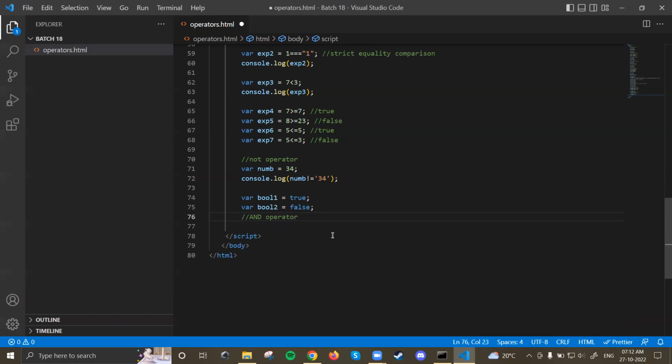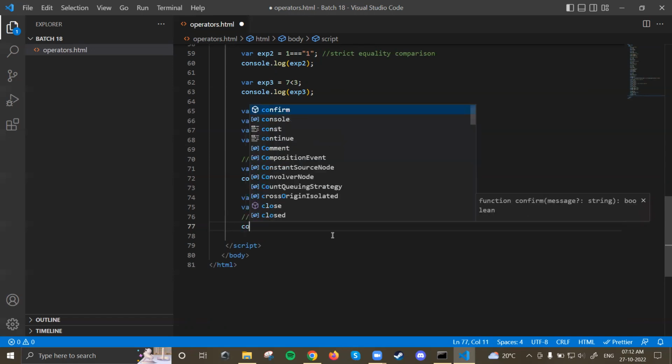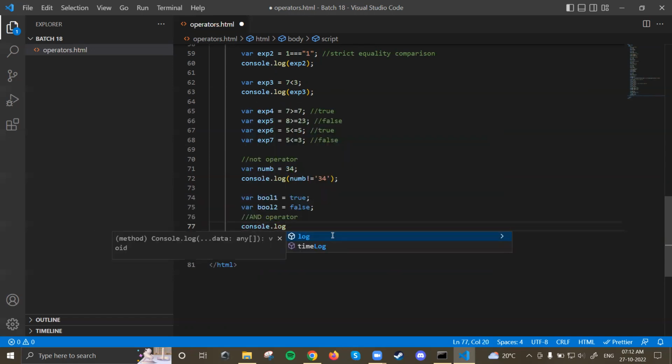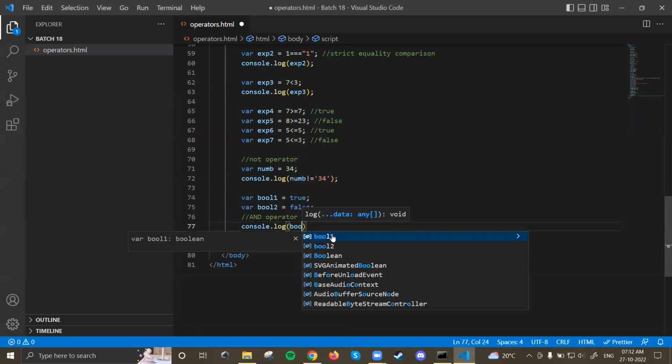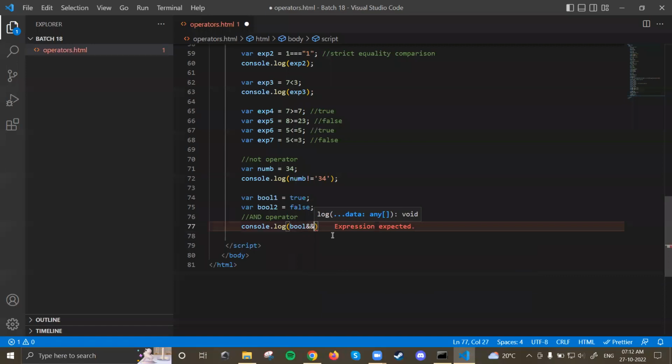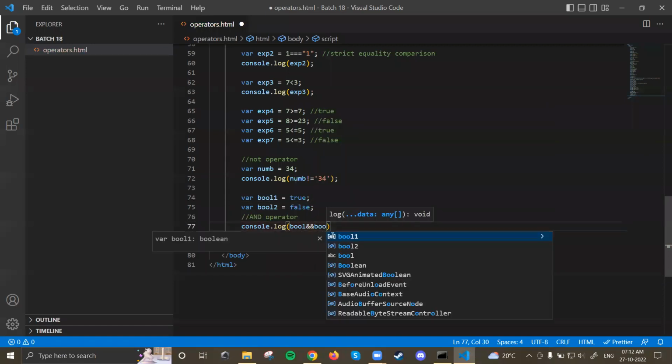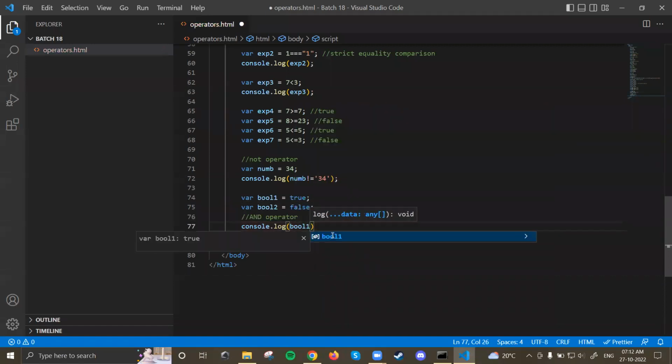Okay, so here what will happen? Console.log of, how do we use that? We use like this: bool1 and two ampersand symbols, and then bool2.